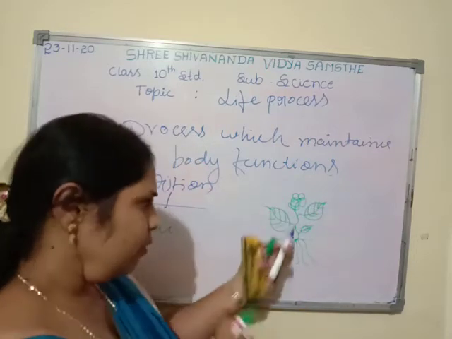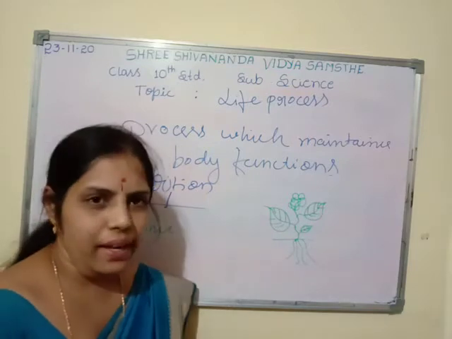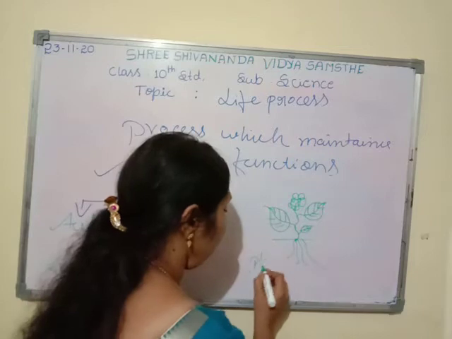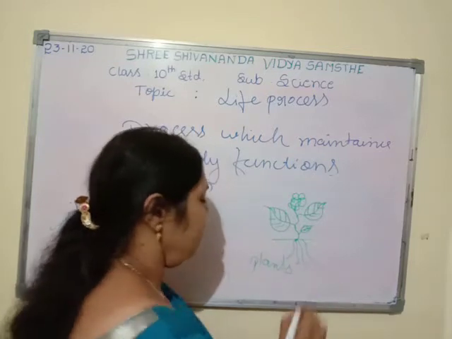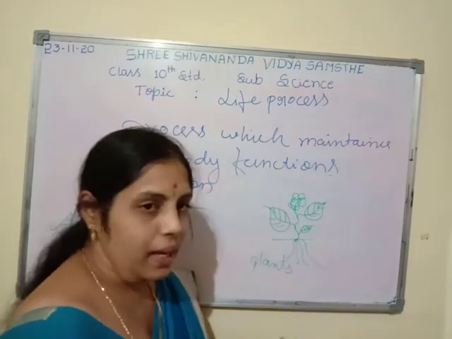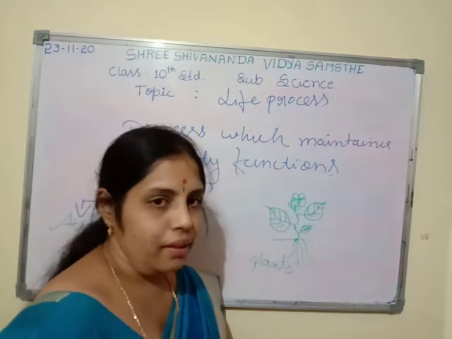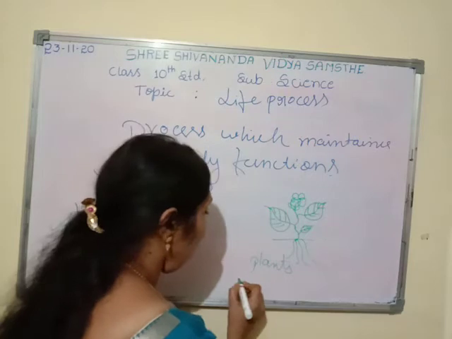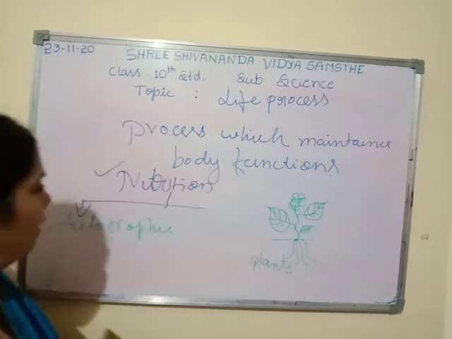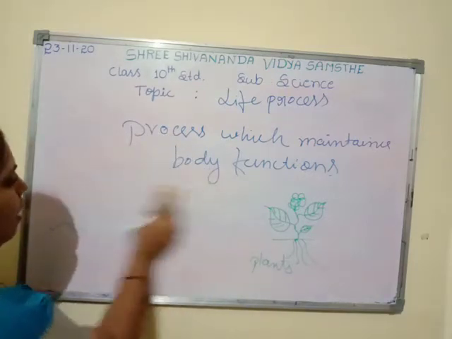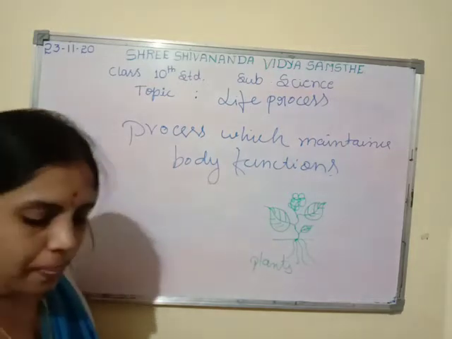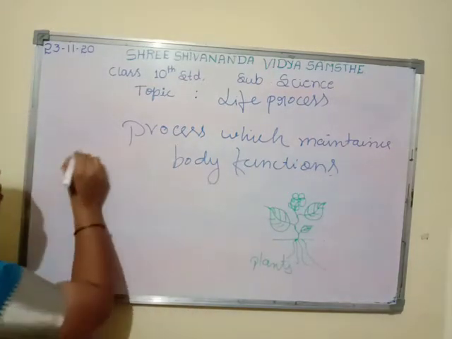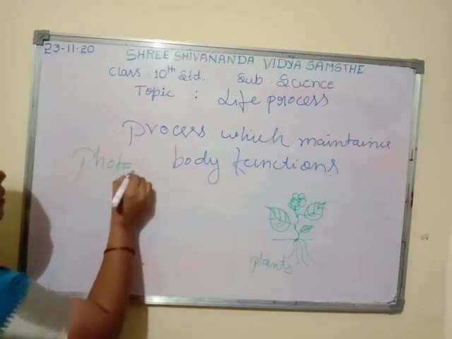It is a very rough sketch of a plant. So these are the autotrophs. Plants are the autotrophs. This plant can prepare its own food by the process known as photosynthesis. What is the name of the process? How does it prepare its own food? By the process known as photosynthesis.